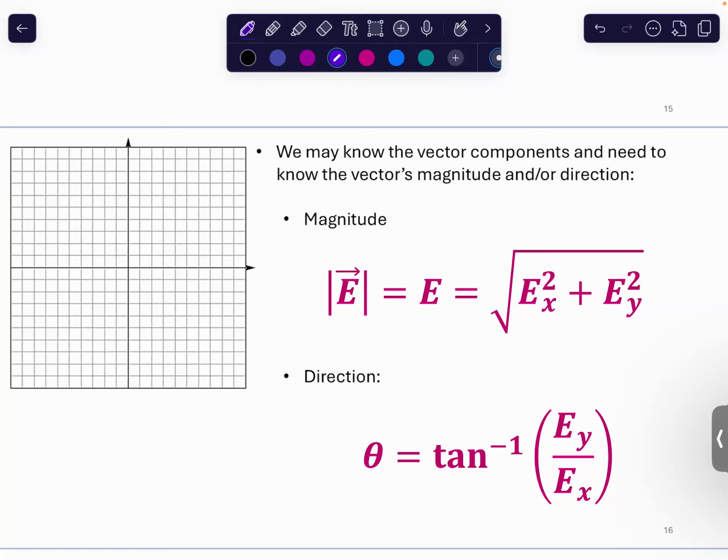Your calculator can go wrong fast if you start trying to do fancy stuff. The reason it is this way: let's say we have a vector.